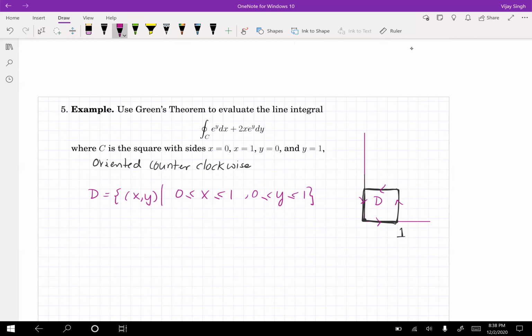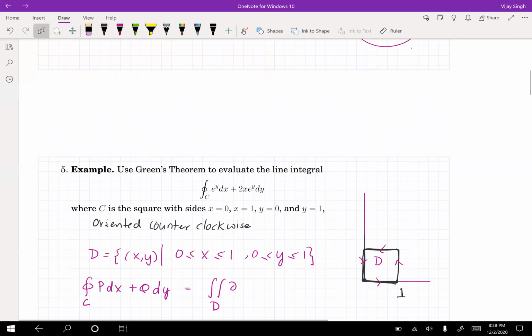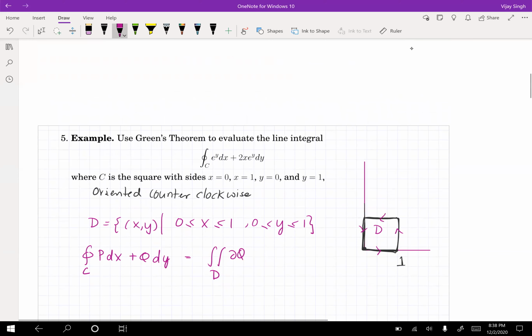Here we have the integral of P dx plus Q dy over curve C, which is the same as the double integral over region D of the partial derivative of Q with respect to x minus the partial derivative of P with respect to y, dA.